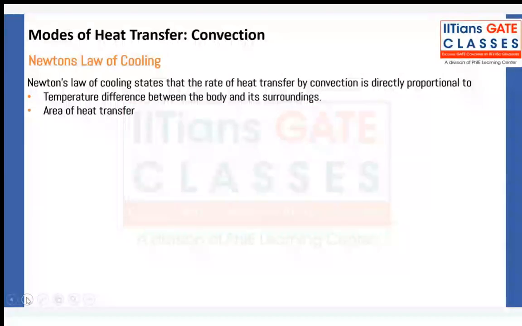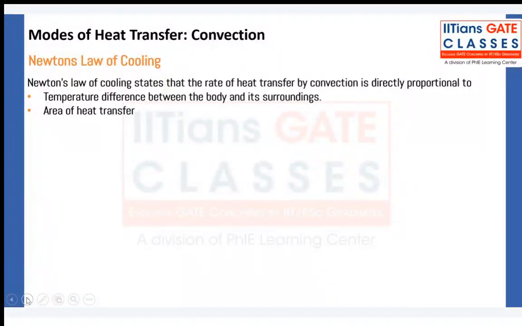Tell me very quickly, how much time are you taking? Governing law for conduction. Fourier's law, we just talked about that, right? It's Fourier's law of conduction, isn't it? So why so much confusion? Just now we have finished that. I'm just waiting for you. Were you thinking about the syllabus and other subjects?